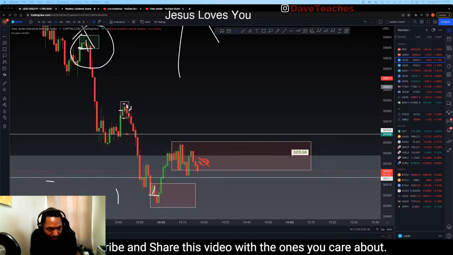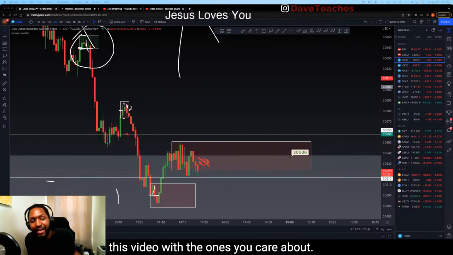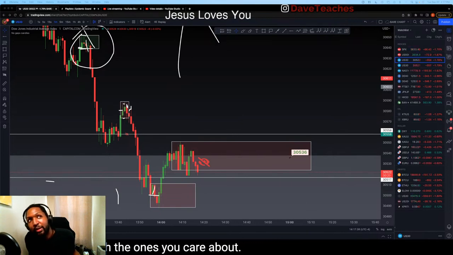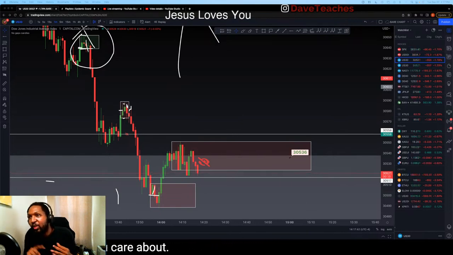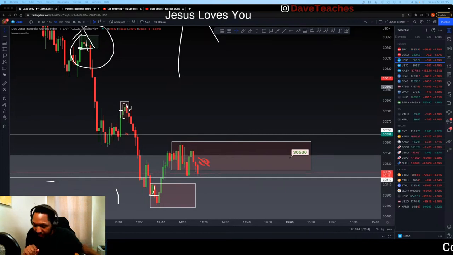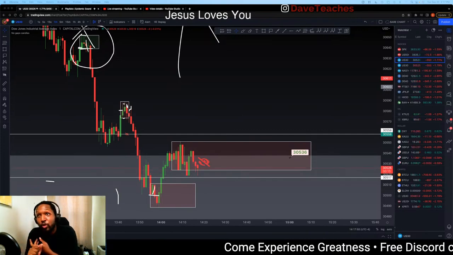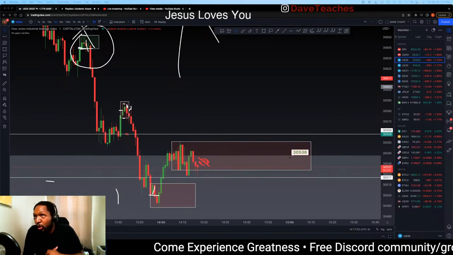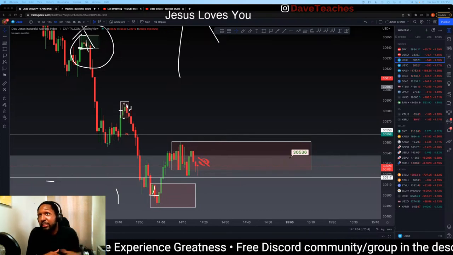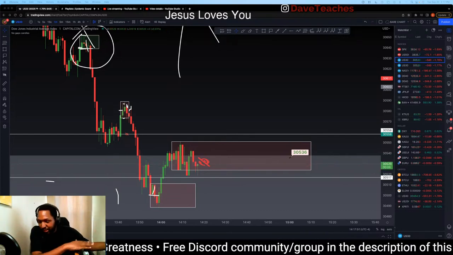Does the playlist work on every pair? Yes, not just pairs though. It works on stocks, crypto, futures, forex, all of it. It works on the Nifty indice. It works on Japan's indice. It works on Hong Kong's indice. It works on the U.S. indices. It works on the German indices. It works on the London indices. It works on everything.